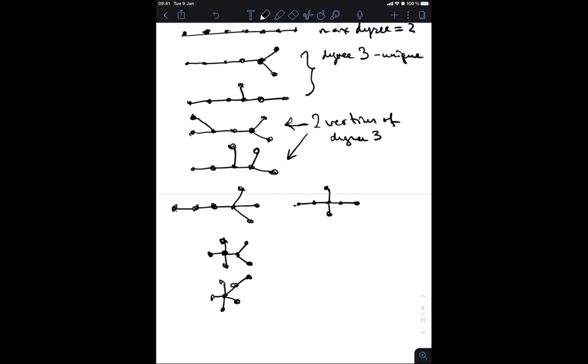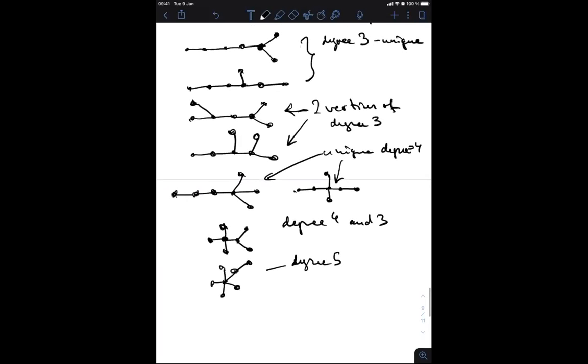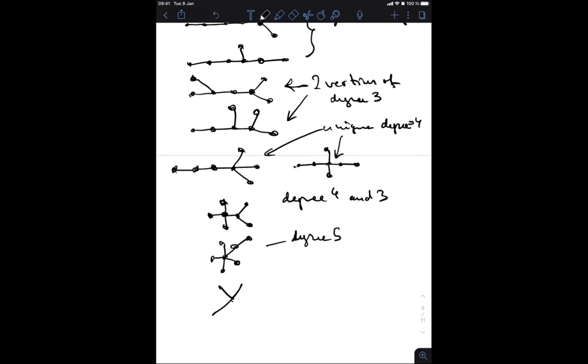Here we have degree 4, unique degree 4. And here beneath degree 4, we have degree 4 and 3. Here we have degree 5. This is the only guy like this. And finally, we have the unique one, a bush with degree 6. 1, 2, 3, 4, 5, 6. Degree 6.